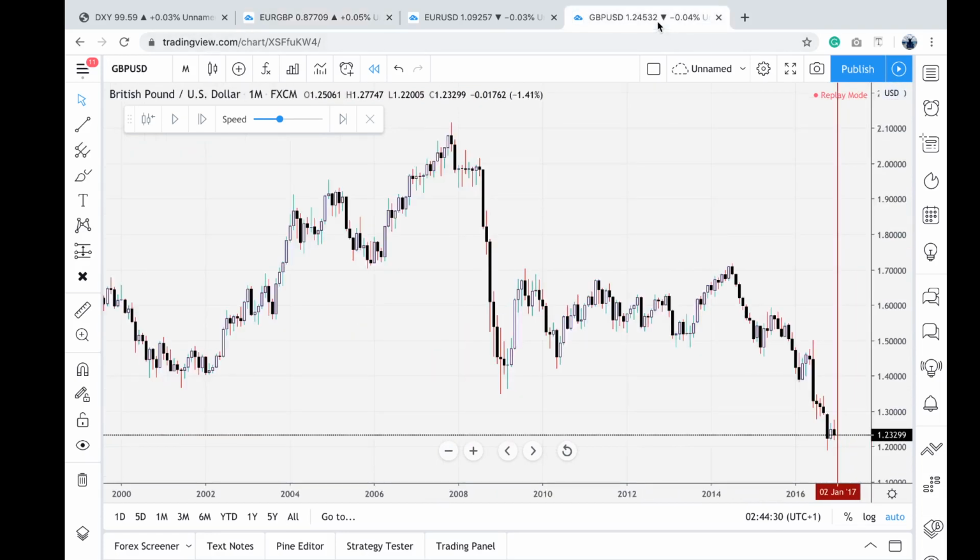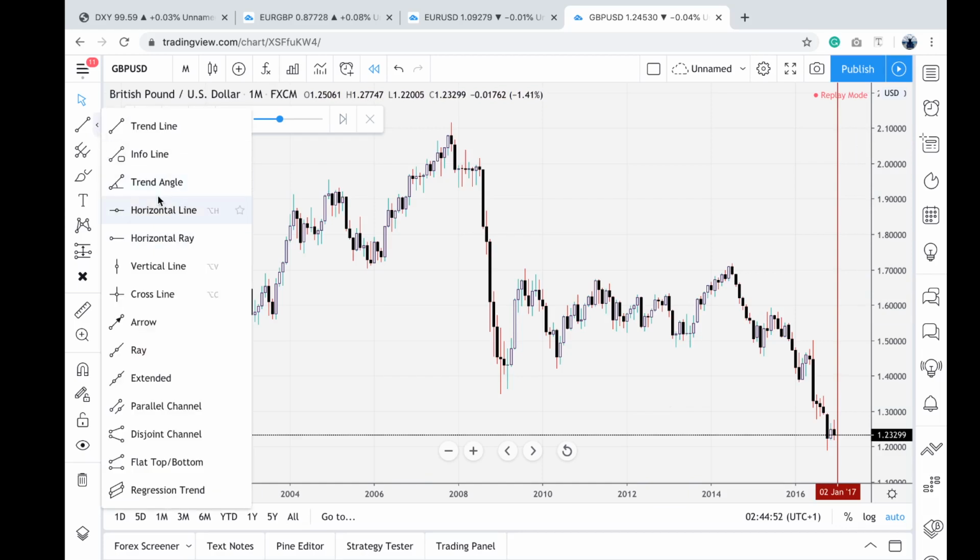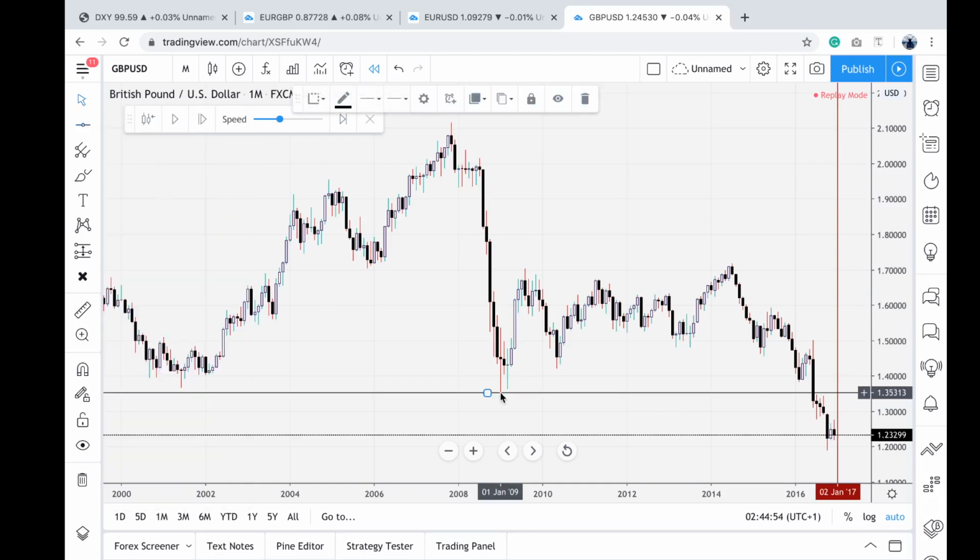Now getting back to British pound, we're going to look for levels in terms of premium and discount, because this is the lowest price ever on Pound USD. In terms of a premium level, we look at this old swing low. That is the first premium level we're going to attack.